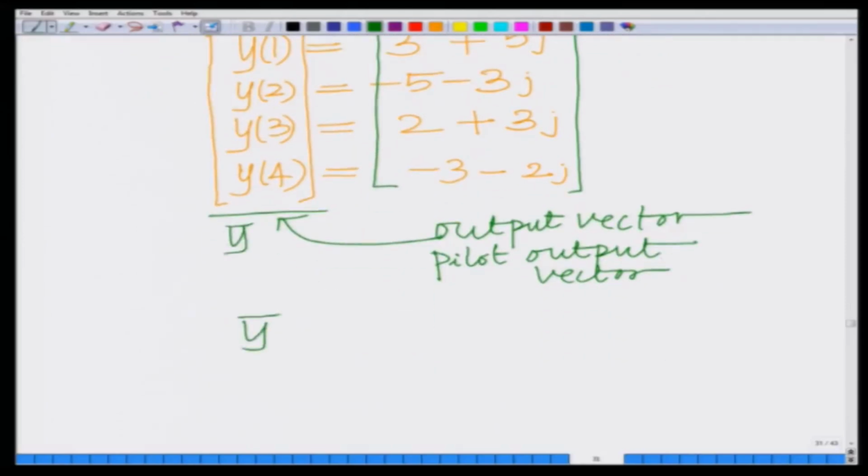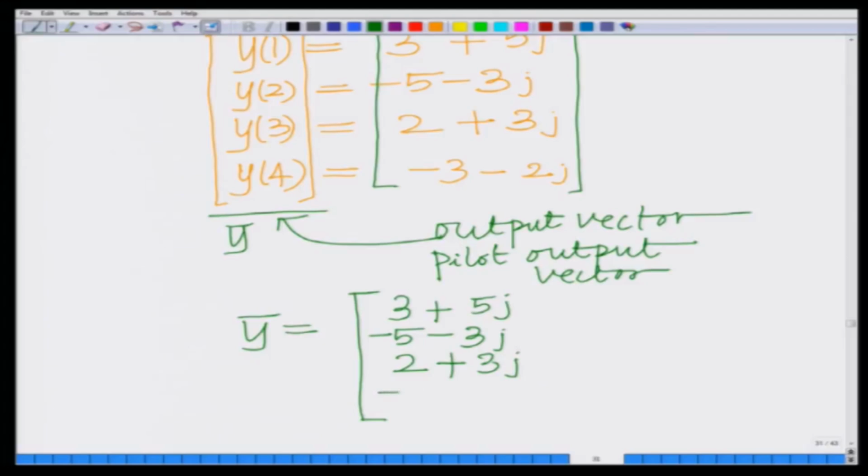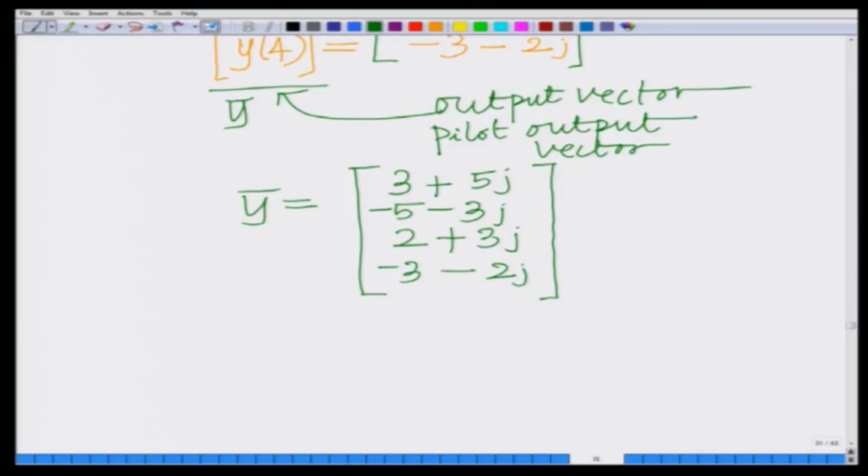So, writing this explicitly, my y bar is going to be 3 plus 5j, minus 5 minus 3j, 2 plus 3j, and minus 3 minus 2j, and this is basically your output pilot vector, also your observation vector.